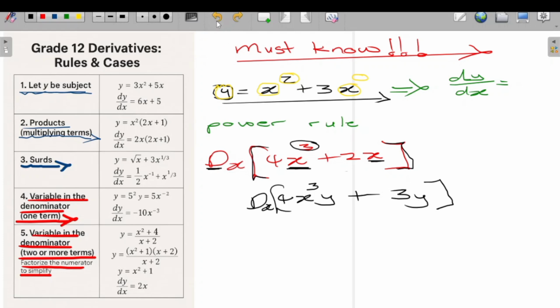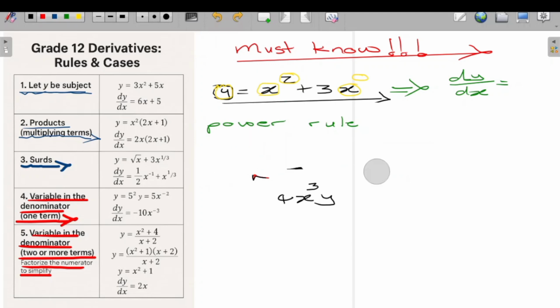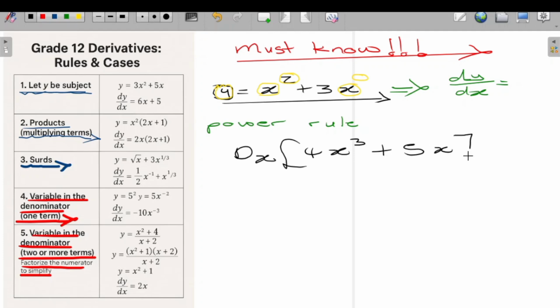Now let us say we are given, let me show you something. Let's say we have a case where we have dx, 4x cubed plus 5x. Let me just leave that over there. Now you have another case where you have a constant.